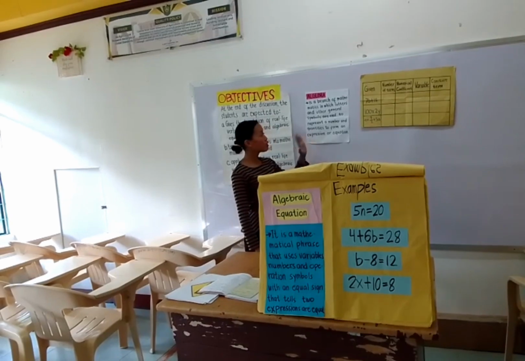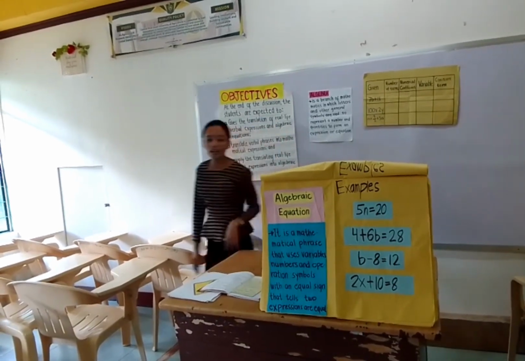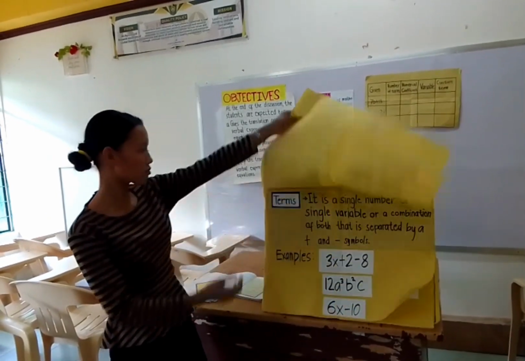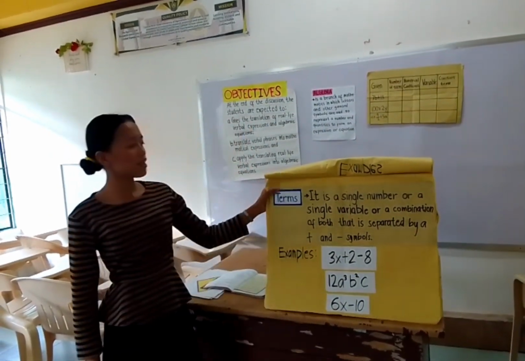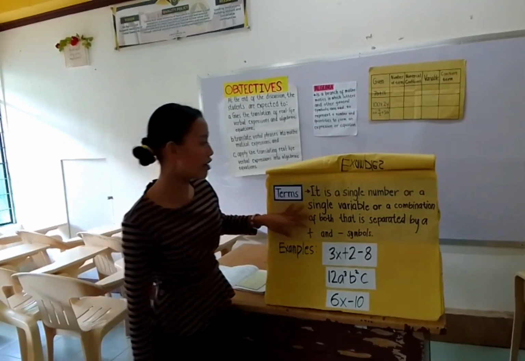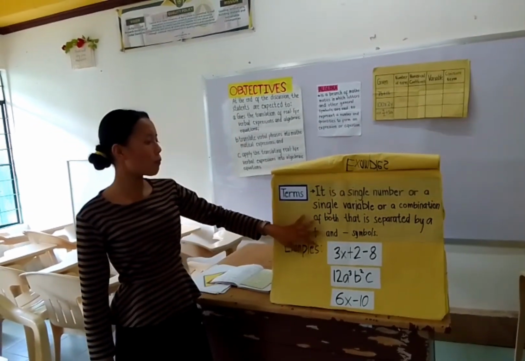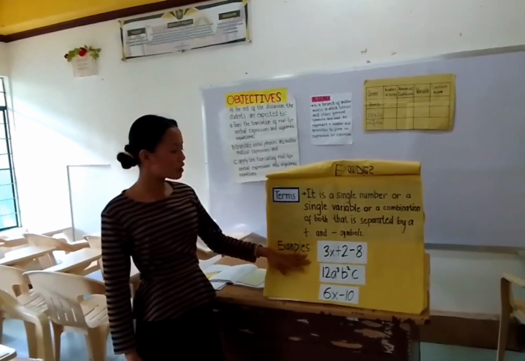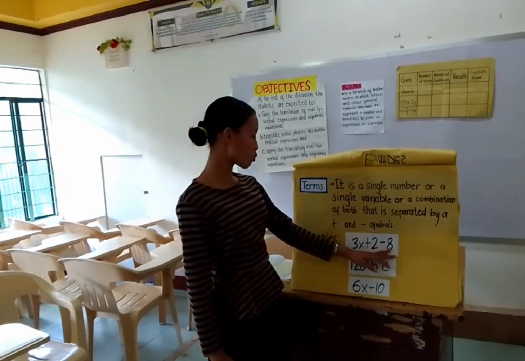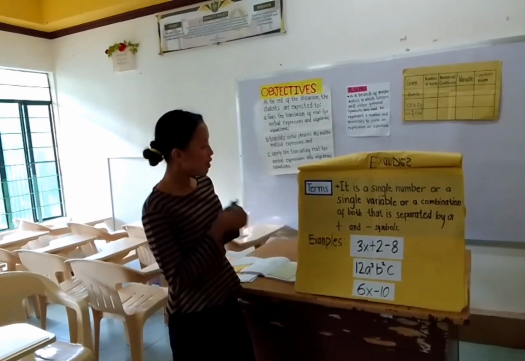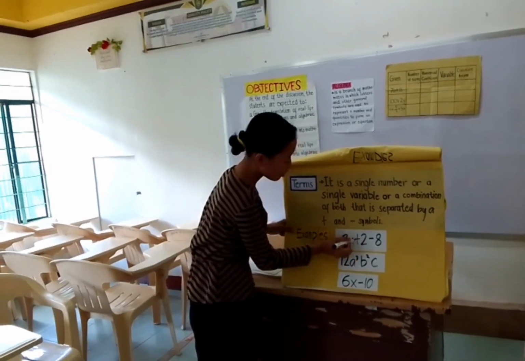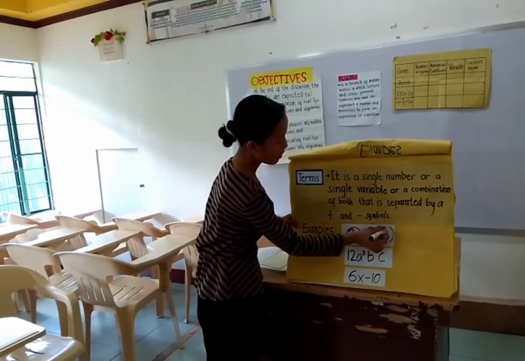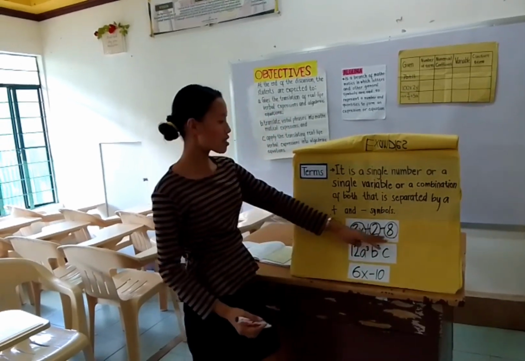But before you answer that, let us first define what terms are. A term is a single number or a single variable or a combination of both that is separated by plus and minus symbols. Example, 3x plus 2 minus y. The terms here are 3x, 2, and y. So it has 3 terms.